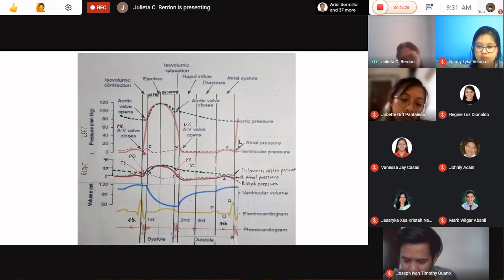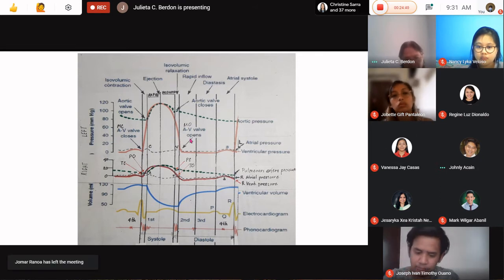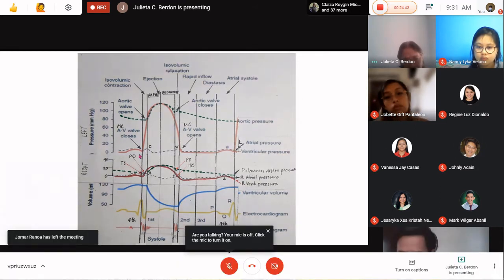We are talking here on the left side. The minute left ventricular pressure is greater than left atrial pressure, will the mitral valve open or close? Close, very good.